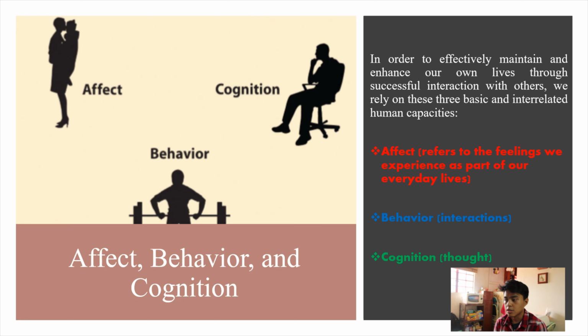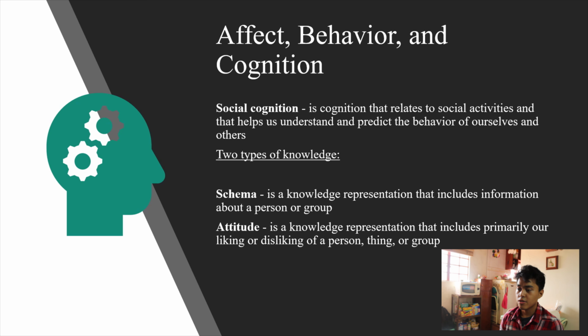So A is affect. It refers to the feelings we experience as part of our everyday life. Behavior, again, it's the interactions. And cognition, the way we think about other people. So terminology: social cognition is the cognition that relates to social activities and helps us understand and predict the behaviors of ourselves and others.